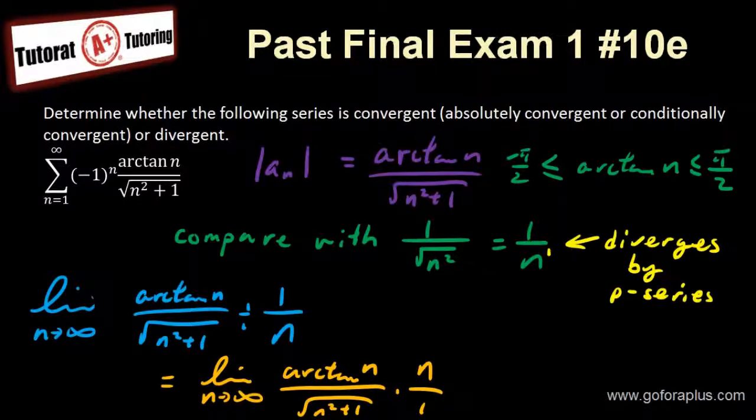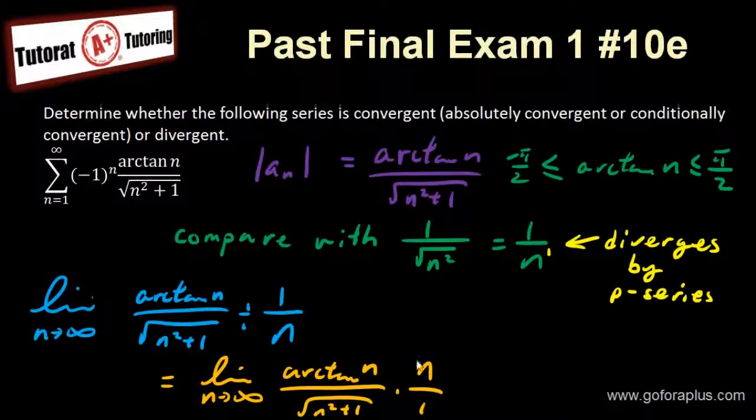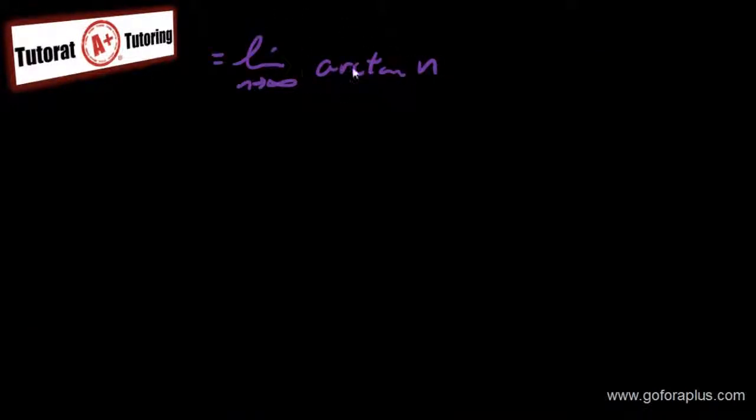So what is left is just arctangent of n, because these two cancel out since they have the same degree. The limit of this is going to approach pi over 2.